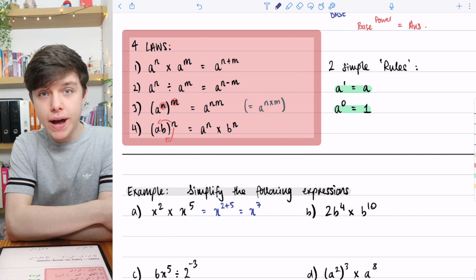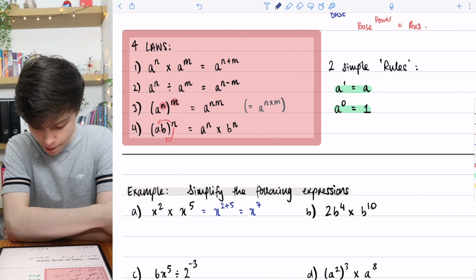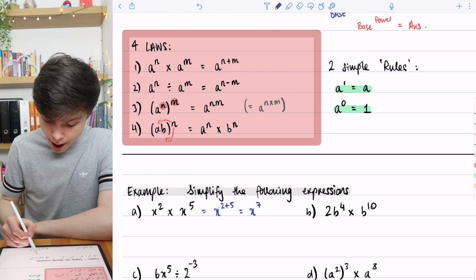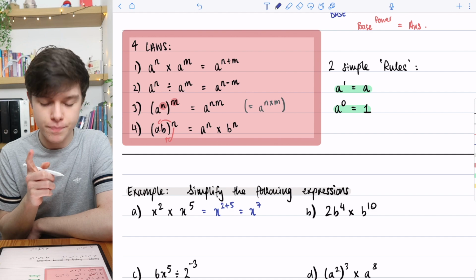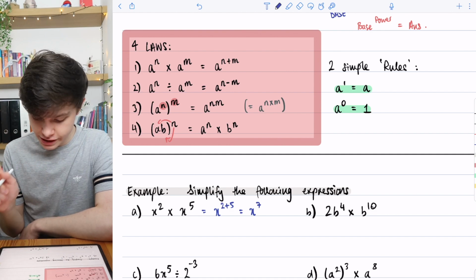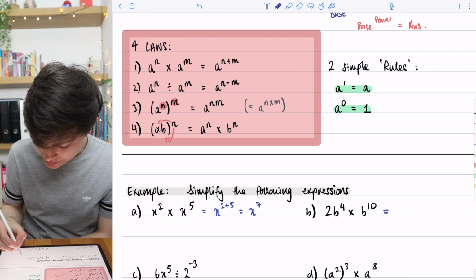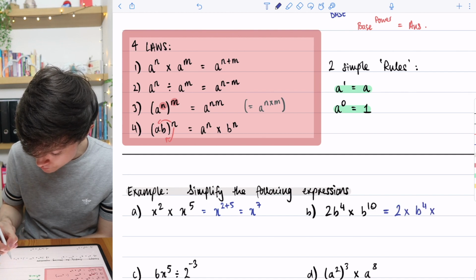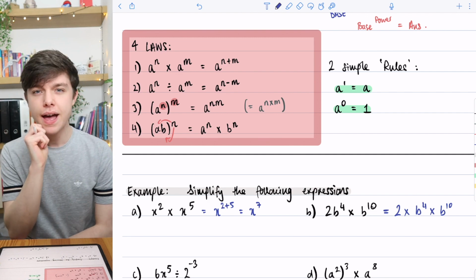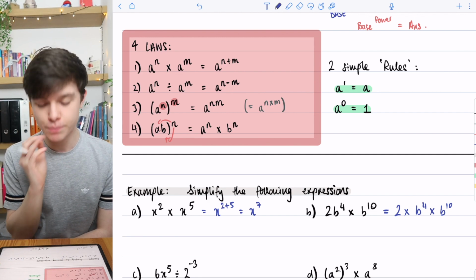For B here, we are, again, doing the same thing. We are multiplying, but you might think the bases are different. Well, actually, the bases are not different. If I wrote this like this, 2 times b to the 4 times b to the 10, I'm sure you would be able to tackle this problem.